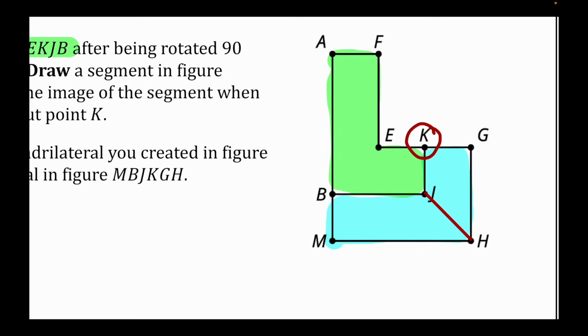I know I'm not making a nice rectangle, but JH is probably the best choice here. Actually, I think that's the only major choice you can make. I know I said you can do a couple things, but this is the only one that's really obvious to me. So if we make that same line, it's going to be from E to B.